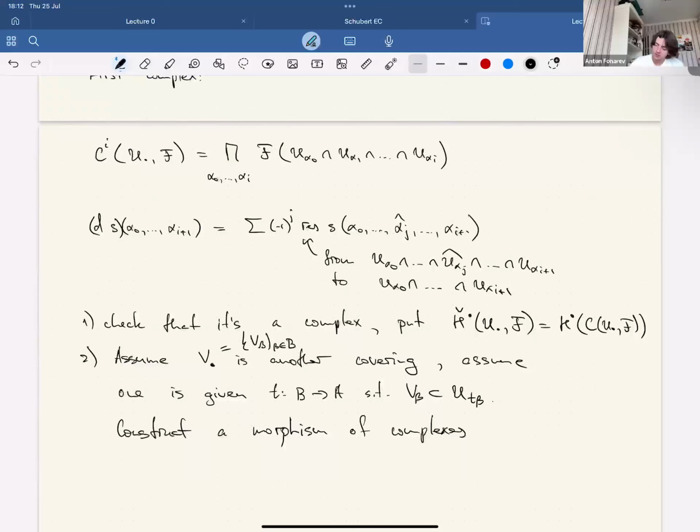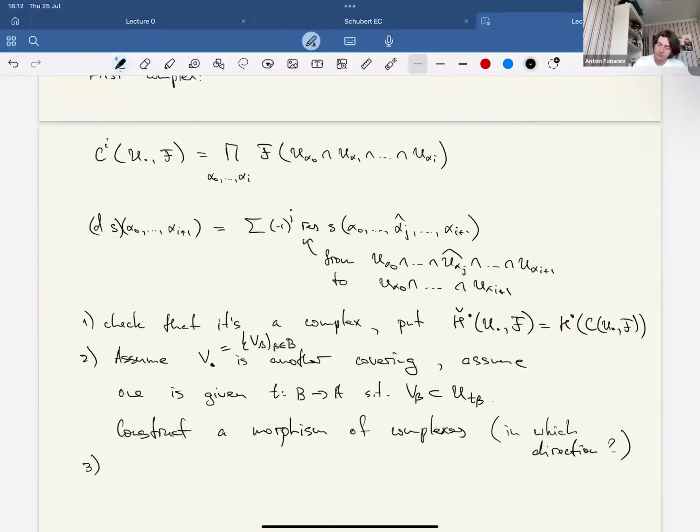And a question for you, in which direction? So this morphism of complexes will actually be different depending on the choice of this τ.